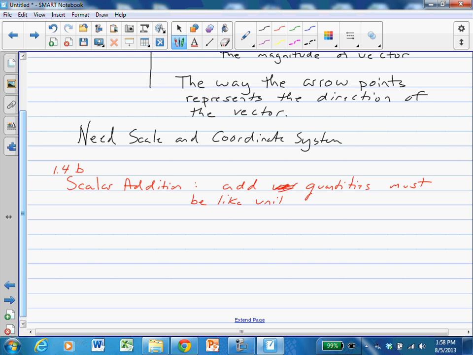For example, if I walk 3 meters, 2 meters, 5 meters, I walk a total, my change in position or my distance would be 3 plus 2 plus 5, or 10 meters.